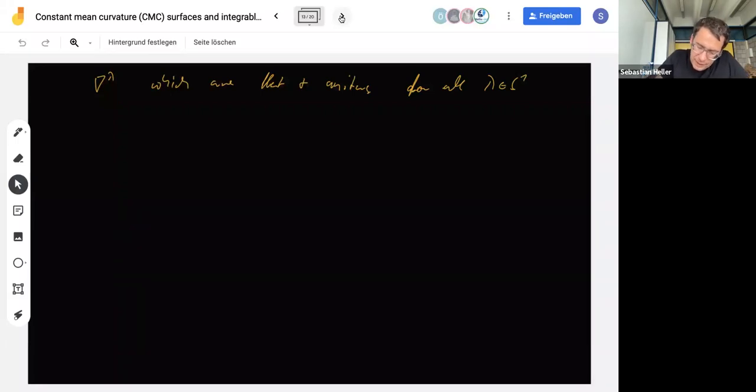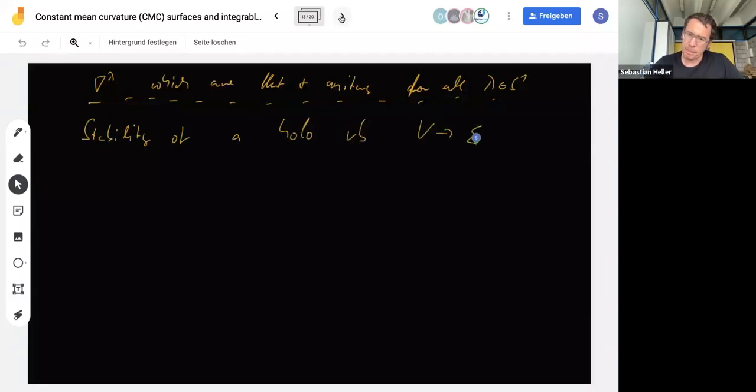And we get to an important notion, the notion of stability of a holomorphic vector bundle V over a Riemann surface sigma.